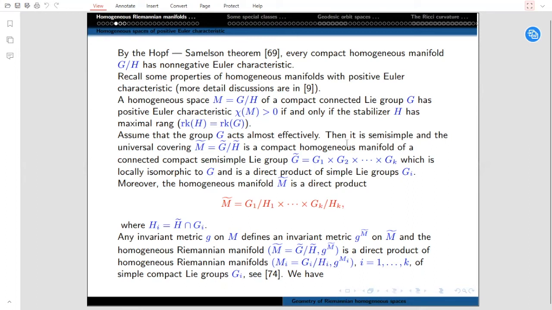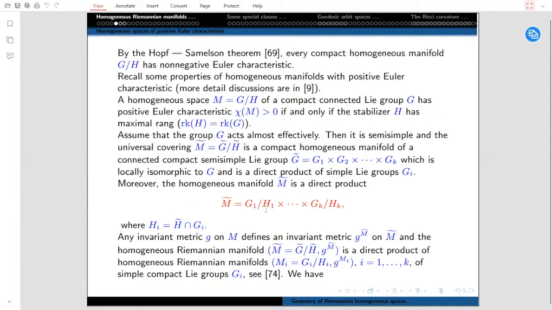Then G is semi-simple, as the universal covering M tilde is a compact homogeneous manifold of a connected compact semi-simple group G tilde, which is locally isomorphic to G and is a direct product of simple Lie groups Gi. This situation is only for the case when the Euler characteristic is positive.